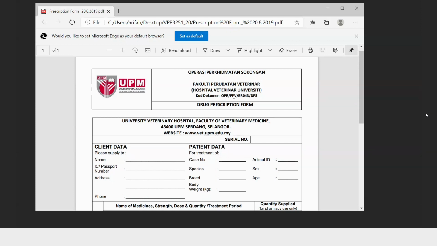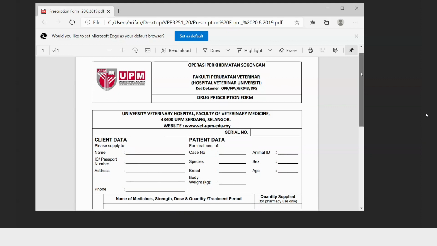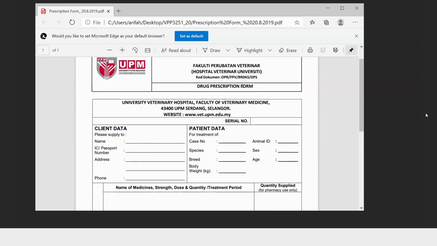It's a controlled document. It has the document code here, and the name of the form is drug prescription form.